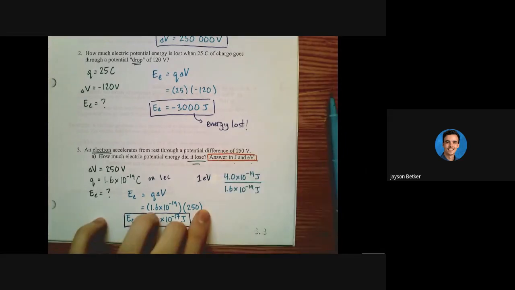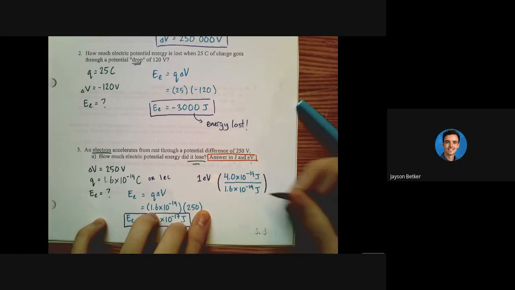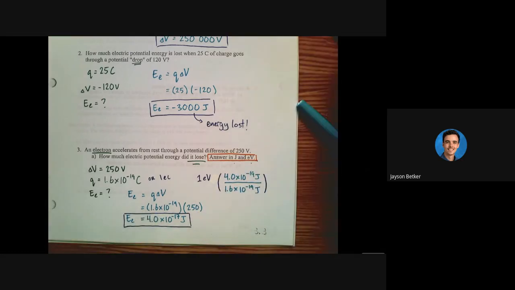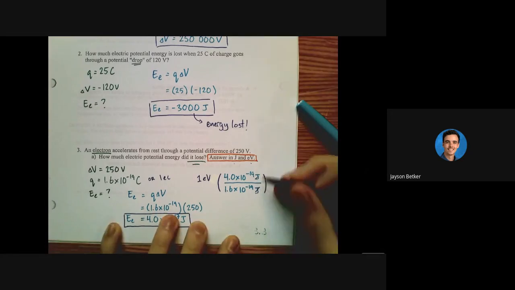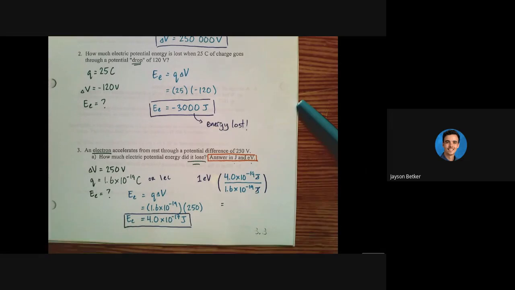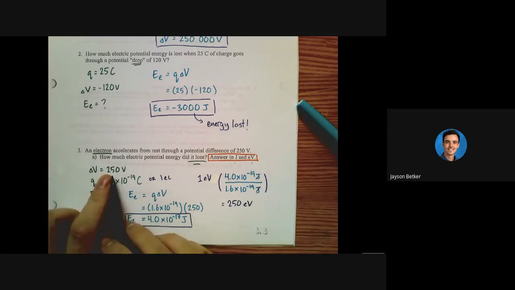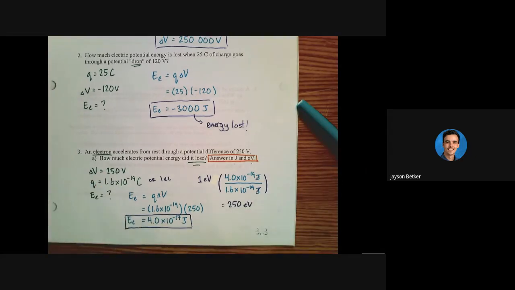You do 1 eV times this, and then your joules cancel, and you end up with, this is the funny part about this whole question, you end up back with what you had initially, 250. Because all we did was multiply by 1.6 times 10 to the negative 19.